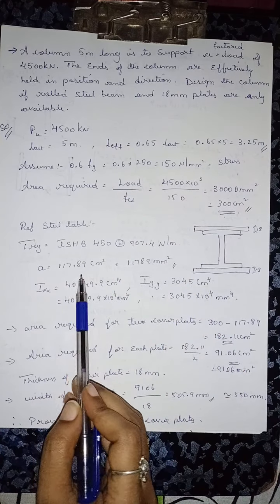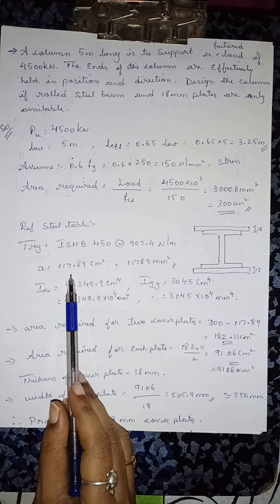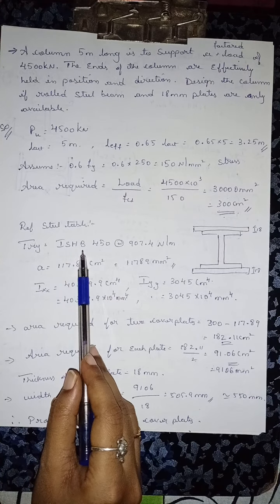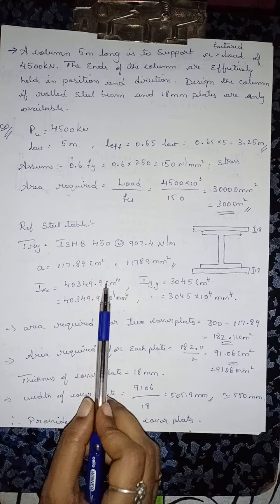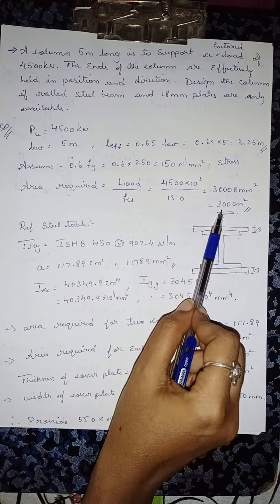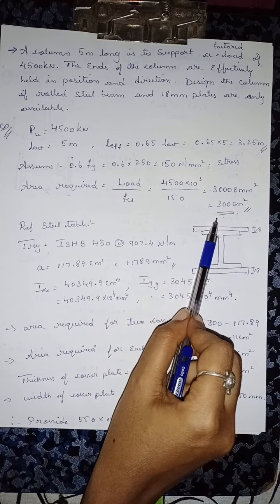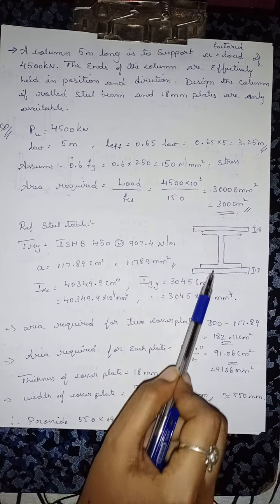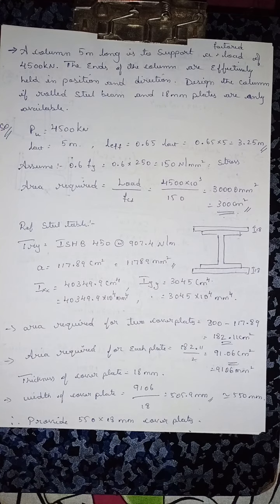I have taken around 40 to 50%, so I have assumed this area. So I have assumed ISHP 450. Next I have written IXX and IYY value. In this 40 to 50% you need to search for the I section, the remaining 50% you need to leave for plates. Now write all the values here, IXX, IYY, everything you write here.